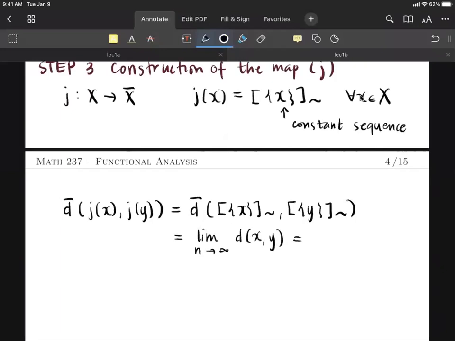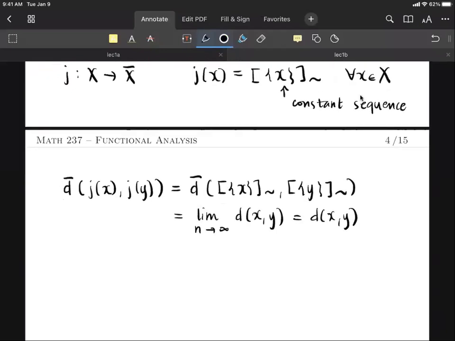But since this is constant, you end up with the distance between x and y respectively. So therefore, J is distance preserving, or an isometry. Okay, so this proves the fact that J is an isometry, the first property.